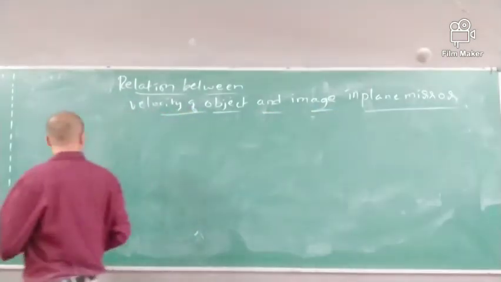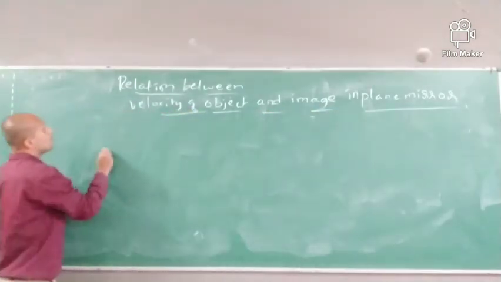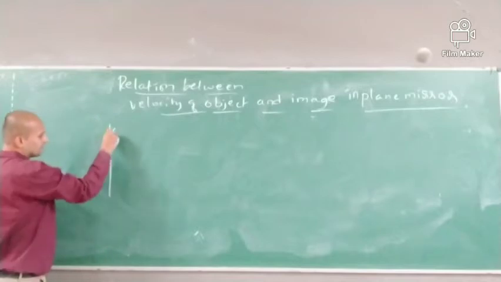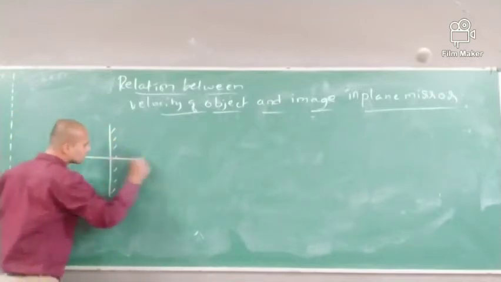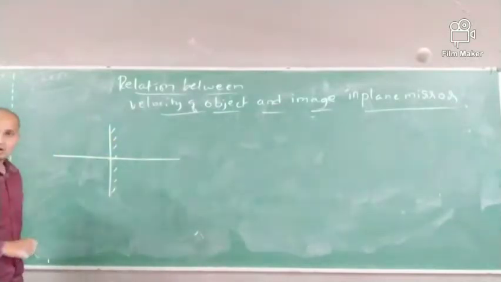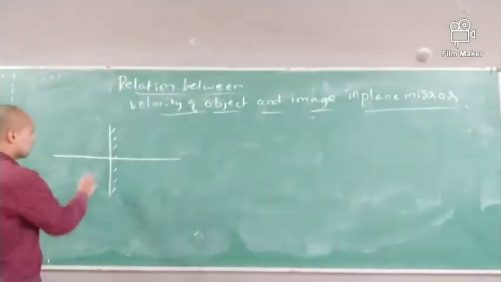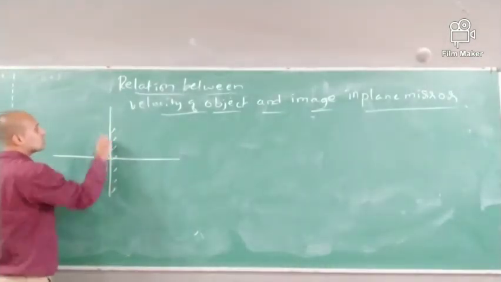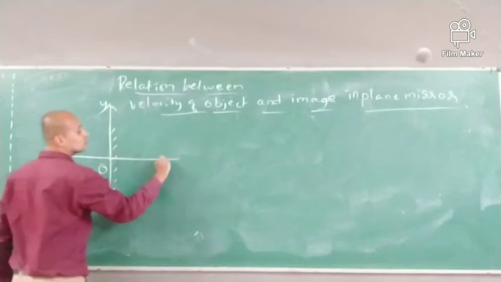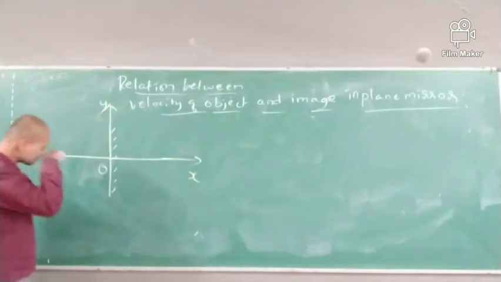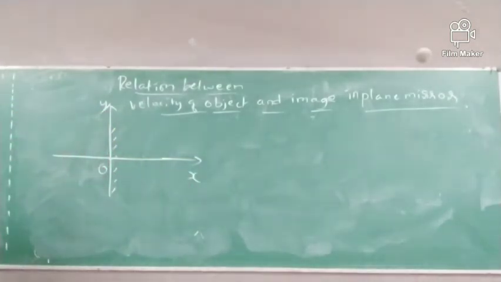So let us consider one mirror here. I will put a coordinate system to this mirror. Let's say this is the origin, this is the y-axis, and this is along the x-axis. Got it?